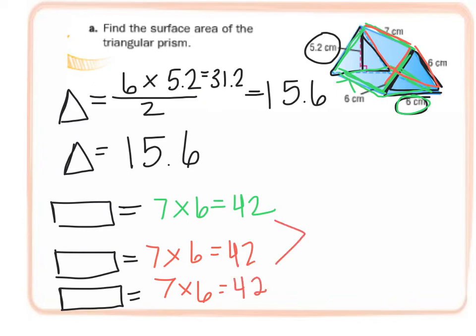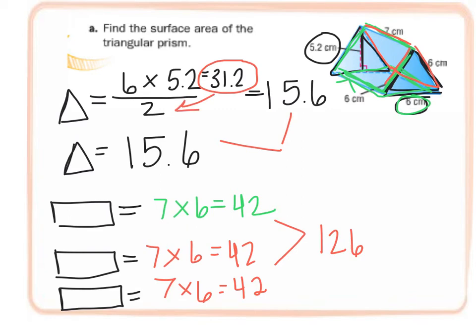So basically I could do 42 times 3 in my calculator because I have 3 42s. And when I do that I get 126. And then 15.6 and 15.6. Well, look here. I took 31.2 and I divided it by 2. I cut it in half and I got 15.6.